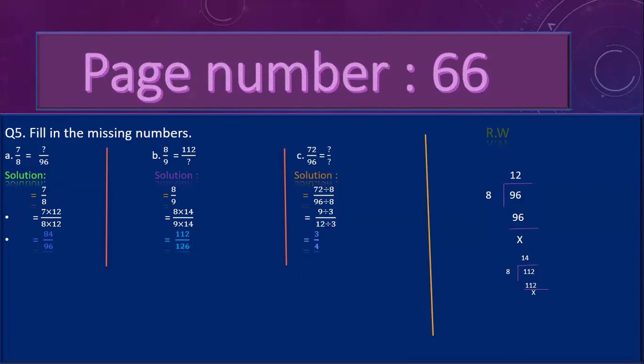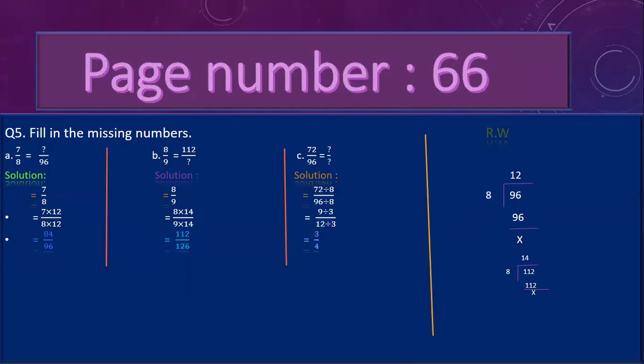We divide 96 with 8. 8 12s are 96. It means that we also multiply 12 with 7. 12 sevens are 84. 84 over 96 will be the required answer, and 84 is the missing number in this fraction.